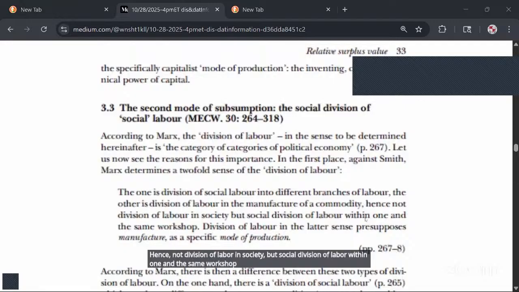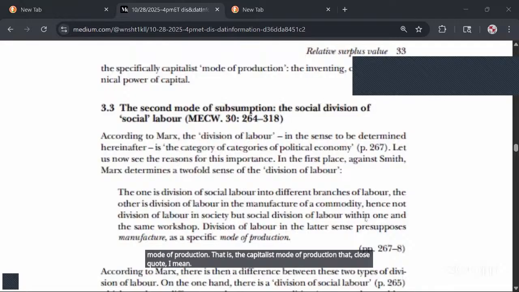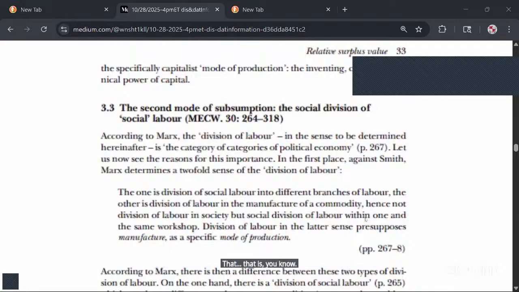So it is kind of fixed, as it were, or focused on a certain time and place, right? Division of labor in the latter sense presupposes manufacture as a specific mode of production. That is the capitalist mode of production, close quote. That is, Smith's whole description of how wealth is built is focused on production in that sense.